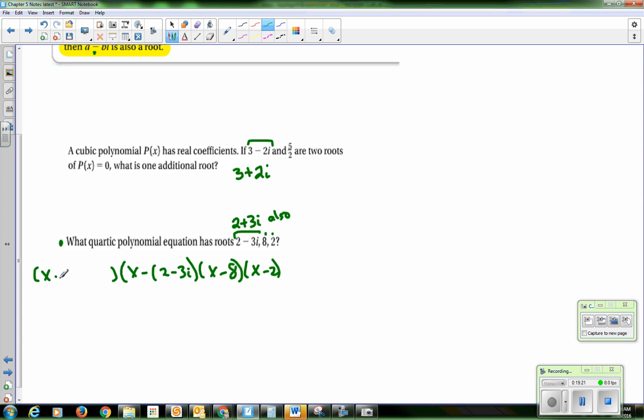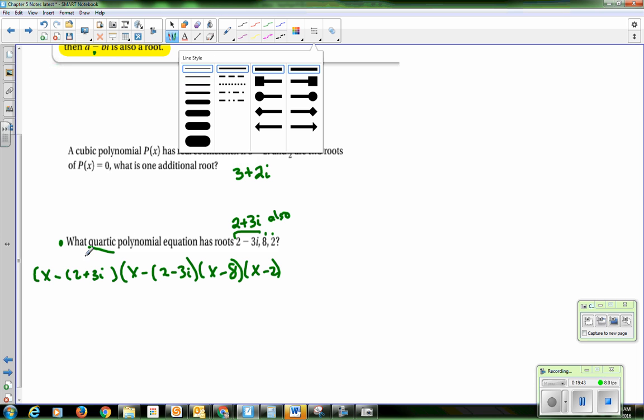So we get x minus (2 plus 3i). So now I have 4 factors. We're trying to make a quartic, so I've got all the pieces I need to make the equation a quartic. So now it's just a bunch of multiplying.